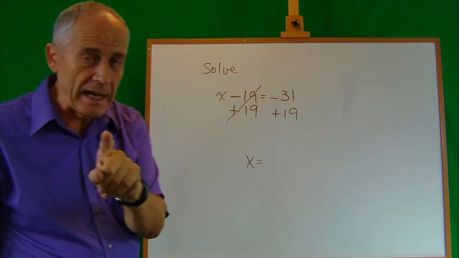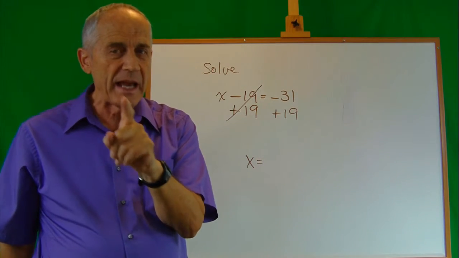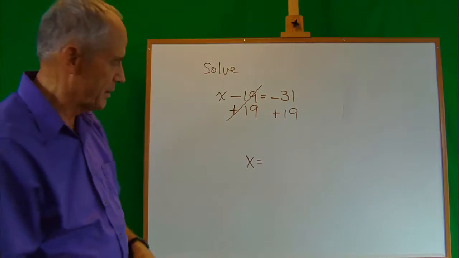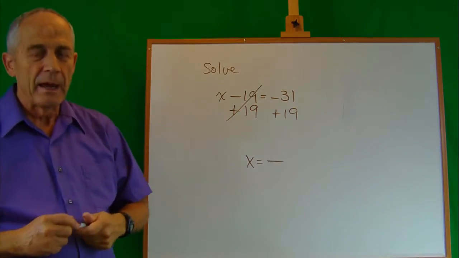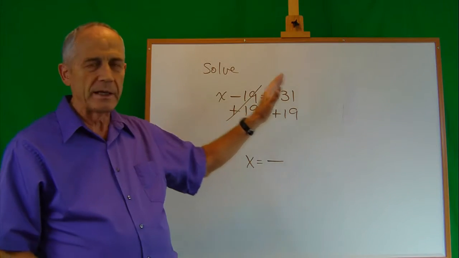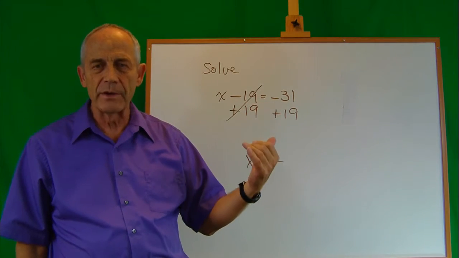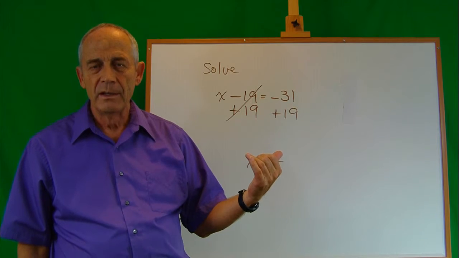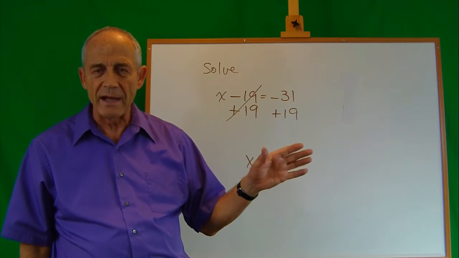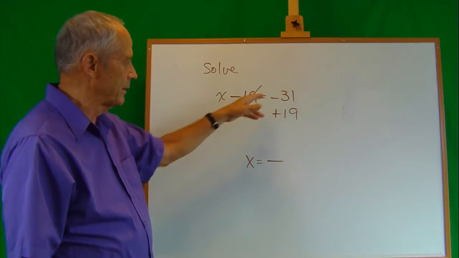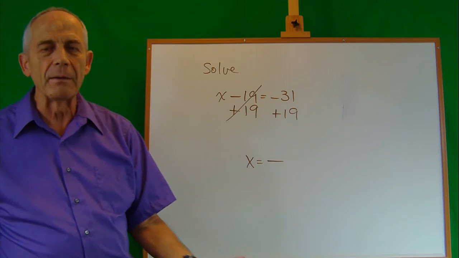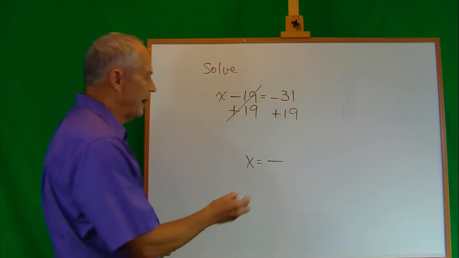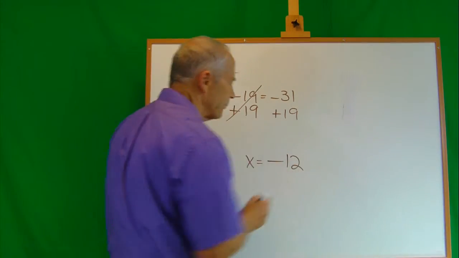But I'm only adding 19, so it's not going to be enough to get me into the positive. So I know my answer is going to be negative. If I find the difference between 31 and 19, I know how far I am left in the negative, and that gives me 12.